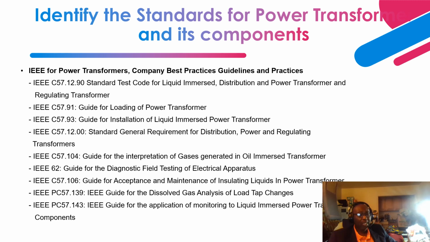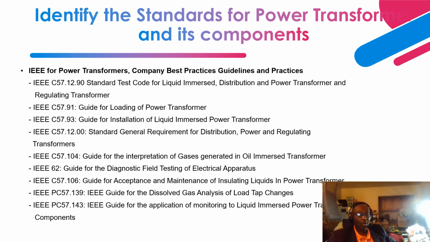Next is loading of the power transformer. As you know, sometimes the customer or the utility owner wants to overload the transformer. This standard or guide tells you how much you can overload, percentage wise, and the duration. Because the goal of this guide is that you don't want to create hotspots on the paper insulation in the transformer.